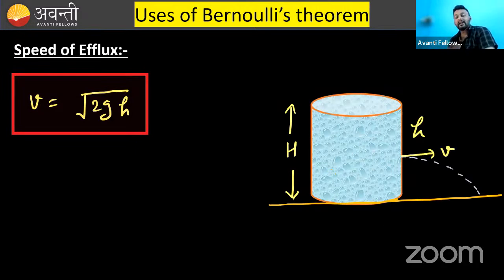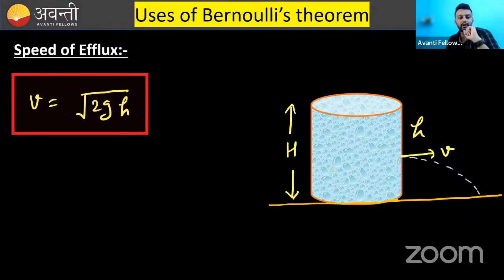Uses of Bernoulli's theorem. There are a lot of uses of Bernoulli's theorem, like the Venturi tube. Aeroplanes and aerodynamics are also designed on Bernoulli's theorem. One I am telling you is the tin shade.